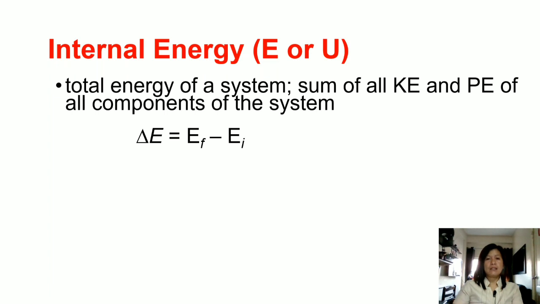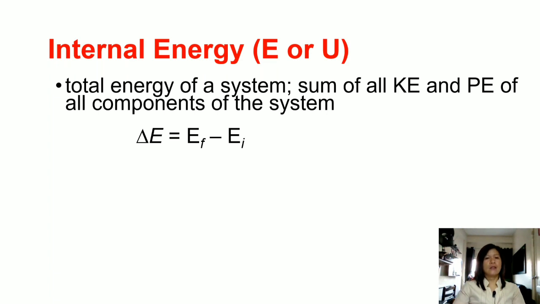Delta E means change in internal energy. Change in internal energy is computed as the difference between the final internal energy and the initial internal energy. So if there is change in the internal energy, for example, a system lost energy, you expect that the internal energy of the system is decreased.